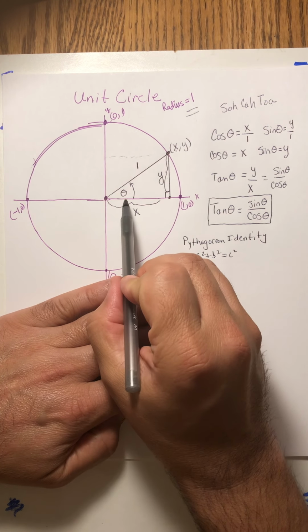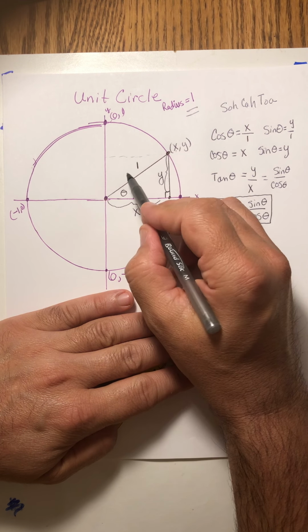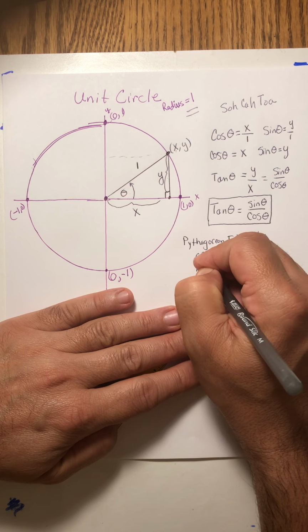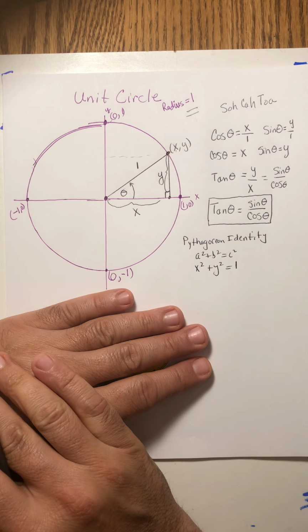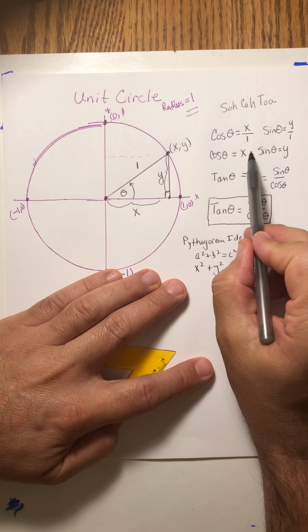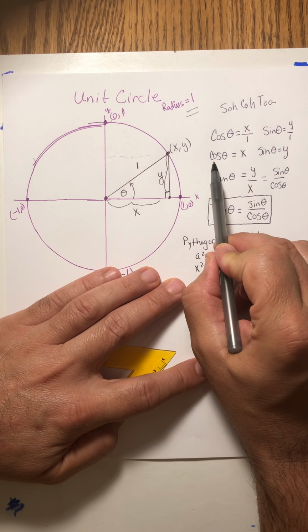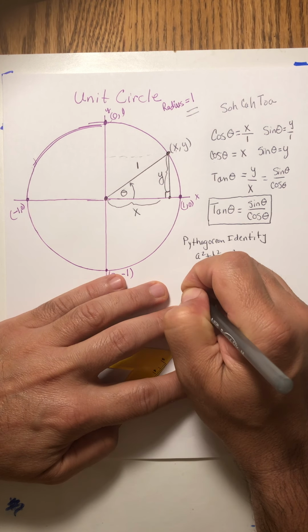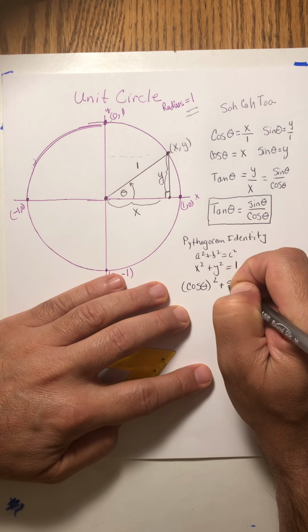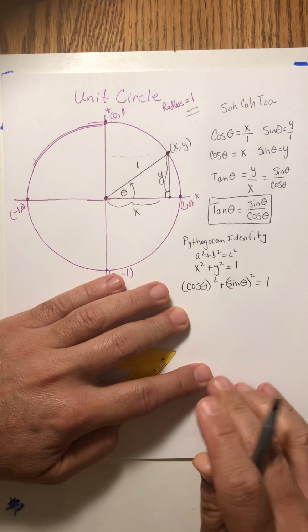Well, in this triangle then, x squared plus y squared equals 1. Well, and then we just picked up that x is the cosine of the angle. So cosine of theta squared plus sine of theta squared equals 1.